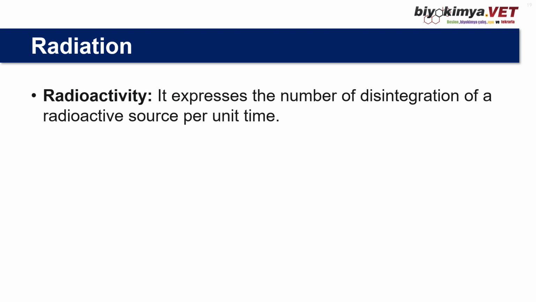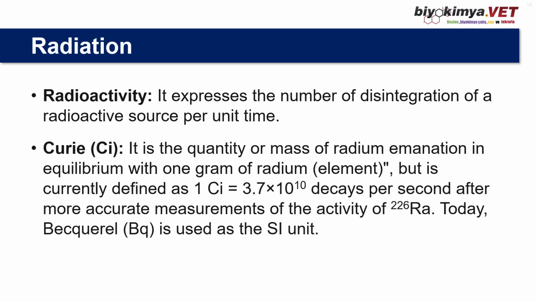Radioactivity expresses the number of disintegrations of a radioactive source per unit time, and the well-known measurement unit of radioactivity is the Curie. It is the quantity or mass of radium emanation in equilibrium with 1 gram of radium, but is currently defined as 1 Curie equals 3.7 times 10 to the power 10 decays per second, after more accurate measurements of the activity of radium-226.